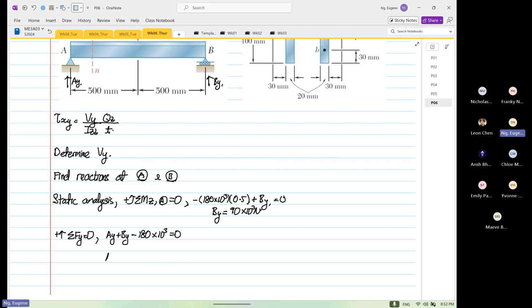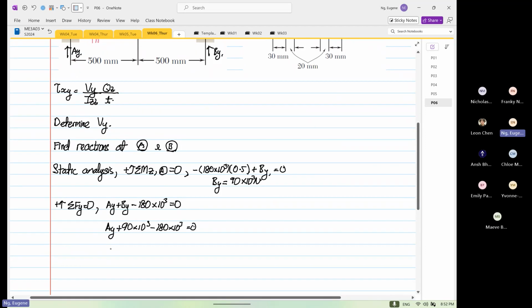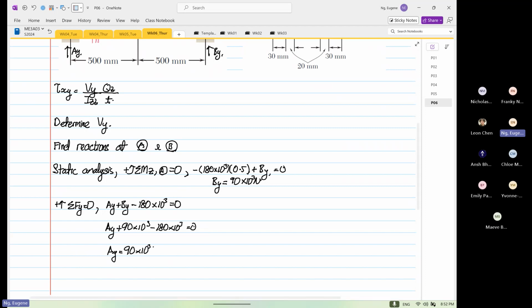So for this case, Ay plus 90 times 10 to the power 3 minus 180 times 10 to the power 3. So from here, we have determined that our Ay is equal to 90 times 10 to the power 3 Newton.